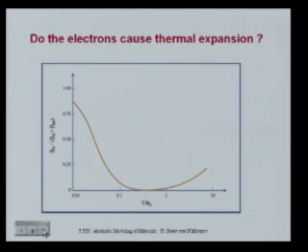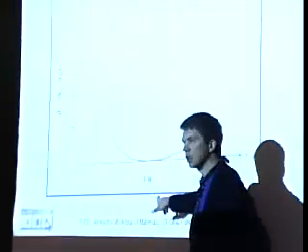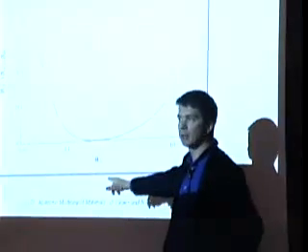So this is the ratio of the electronic thermal expansion, which is unfortunately called beta here, not alpha, to the total thermal expansion, the electronic plus the vibrational one. And what you see, and this is on a reduced temperature scale, this is the temperature in units of the Debye temperature.